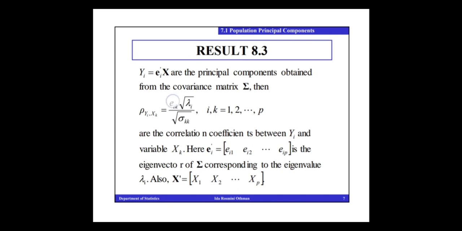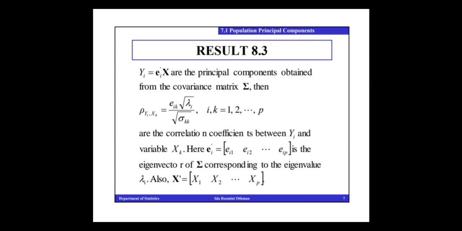So E11, first principal component, first variable, will be square root of lambda 1, belonging to the first principal component, divided by the standard deviation of the first variable.